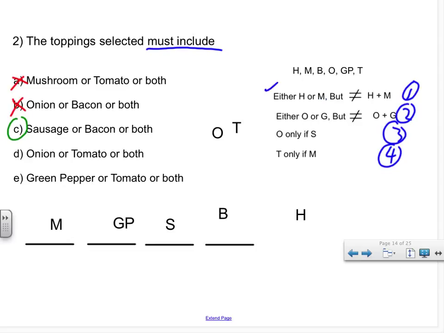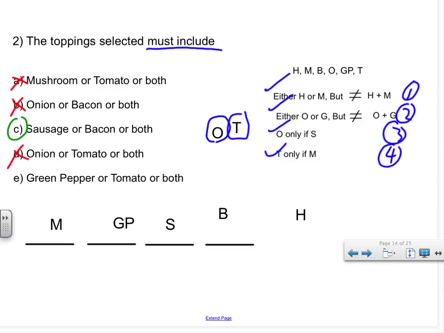Either H or M, we got M. Either O or G, we got G. O only if S, well O is by itself up here. And T only if M, well T is off to the side, so it's not in the diagram, so we met all the conditions there. We can eliminate D.